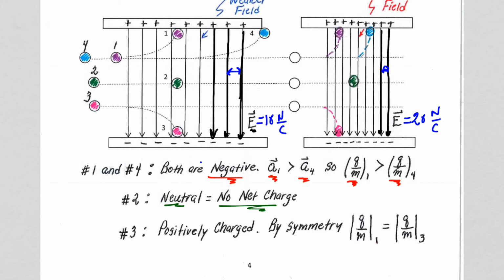And since we have an identical situation to the purple particle 1, we can make a symmetry argument that the charge to mass ratios must have had the same magnitude. So q3 was positive, q1, of course, was negative, but their charge to mass ratios must have been the same if you had perfect symmetry on the top and the bottom.